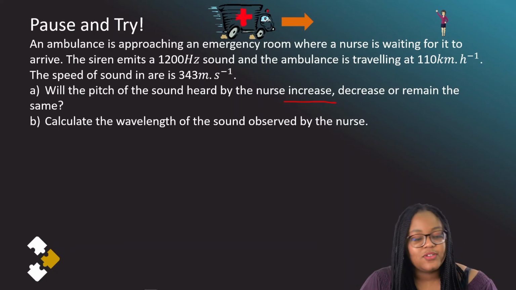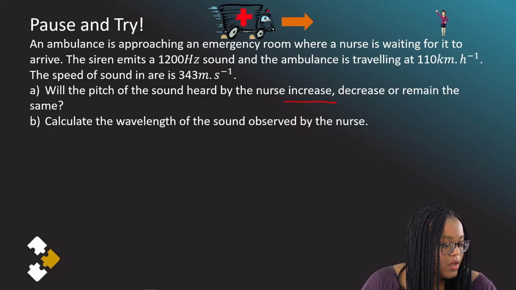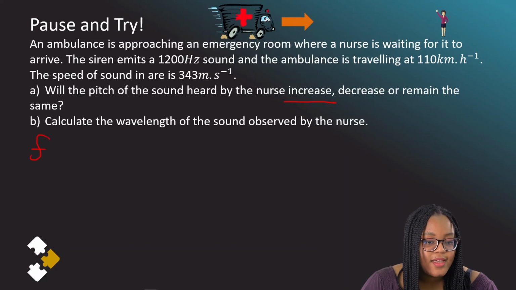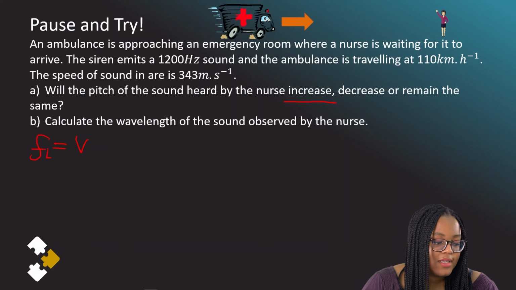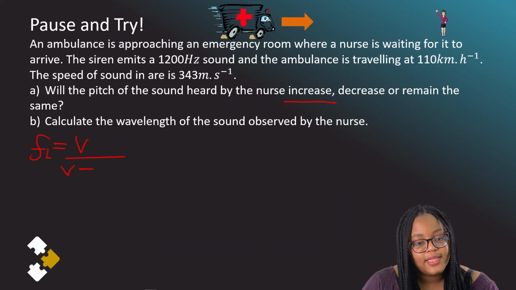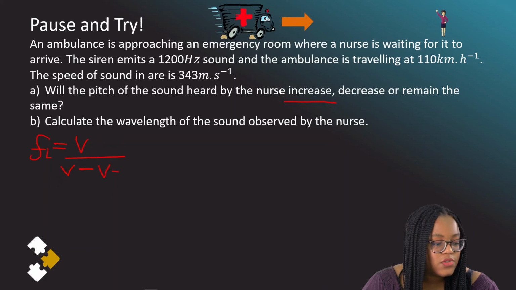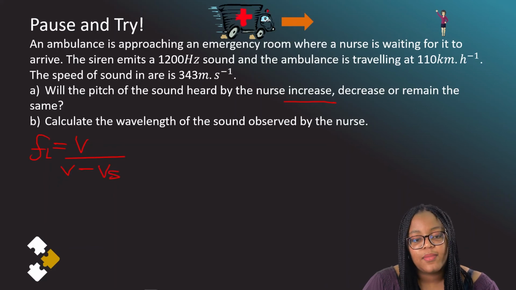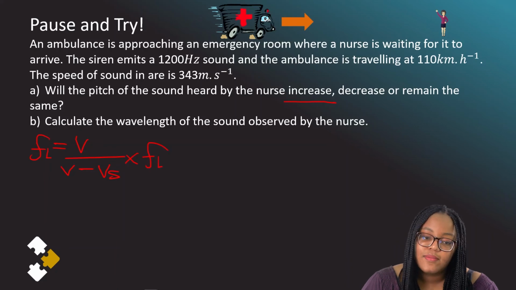And to do that, we're going to use our Doppler formula. We're going to say the frequency of the sound experienced by the listener is equal to the velocity of the sound in air divided by the velocity of sound in air minus the velocity of the source of sound, multiplied by the frequency of the sound waves emitted by the source.